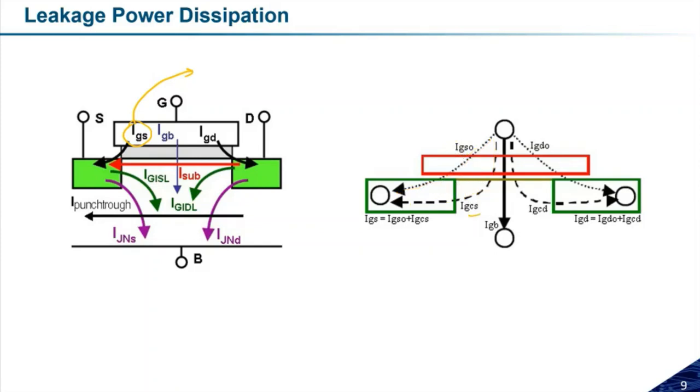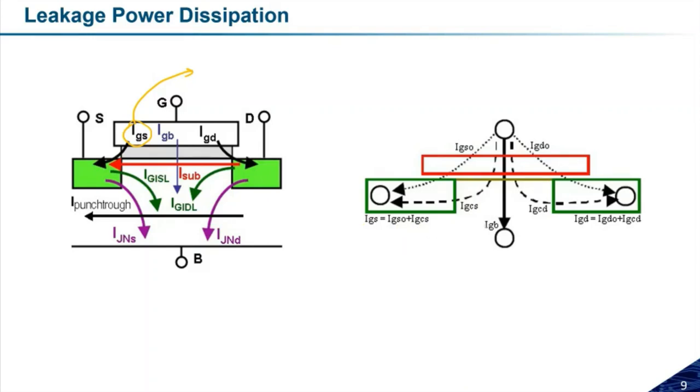IGS naught means I'm considering only the overlap portion, not the channel. If I'm considering the gate to source including the channel, that becomes IGCS. So IGS has two components: IGS naught plus IGCS. IGS naught is from the overlap portion without the channel, and IGCS includes the channel.